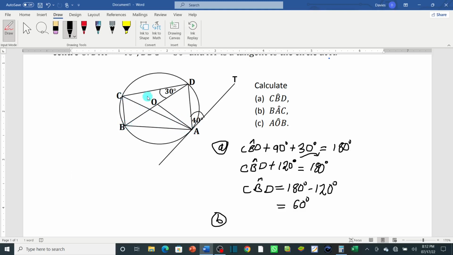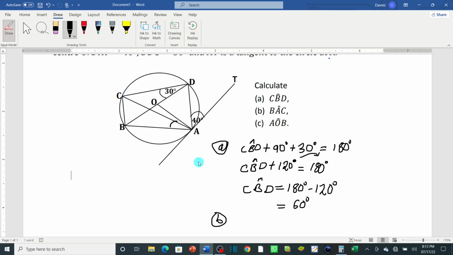Again from the same chord, there's this angle here which goes like that. All right, so angles subtended by the same chord are equal.